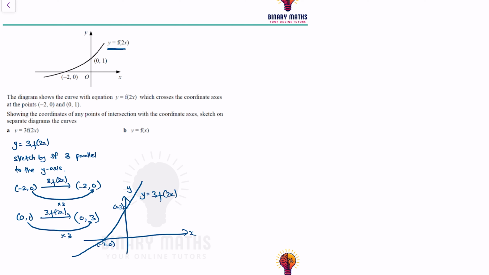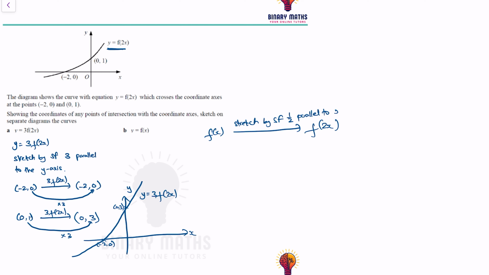Okay, now y equals f of x, so f of x is what I'm trying to draw. To go from f of x to f of 2x, it's a stretch by scale factor a half, because the x has multiplied by 2, parallel to the x-axis.